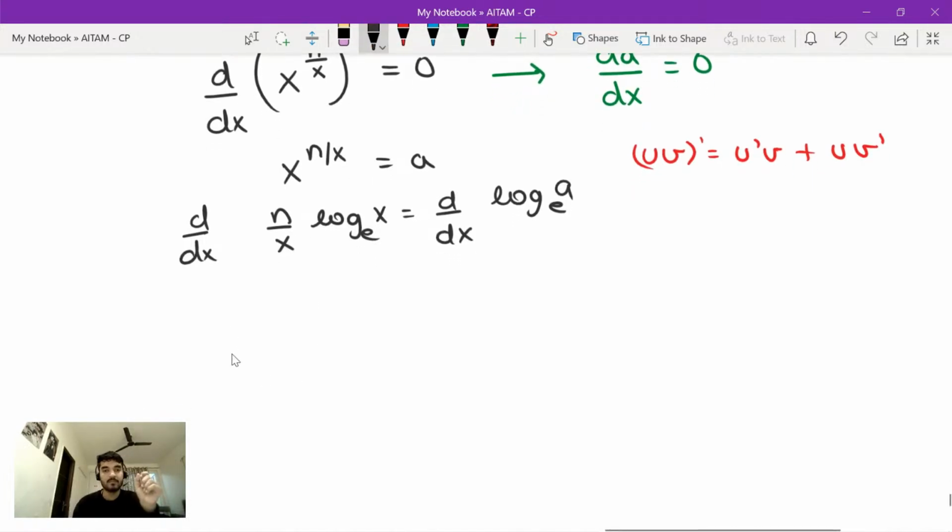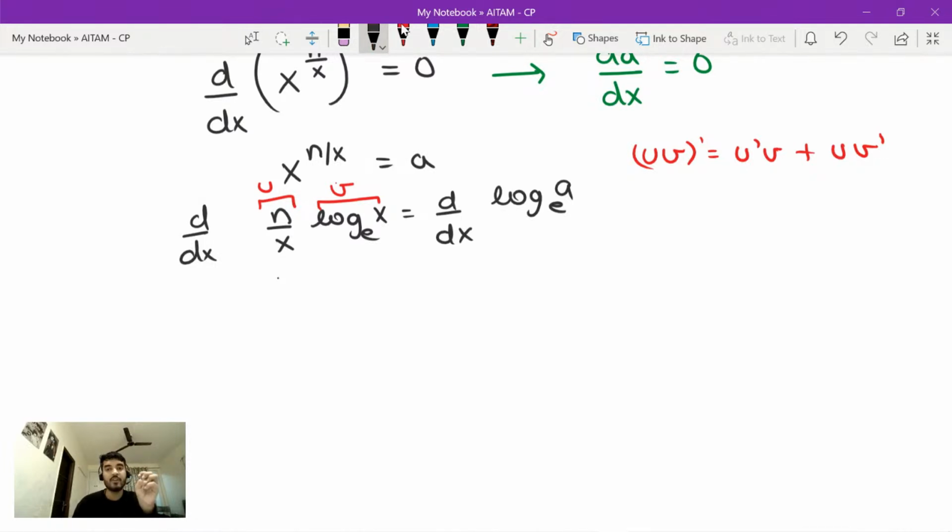So this is my u, and this is my v. I know this x is a constant, this n is a constant, right?